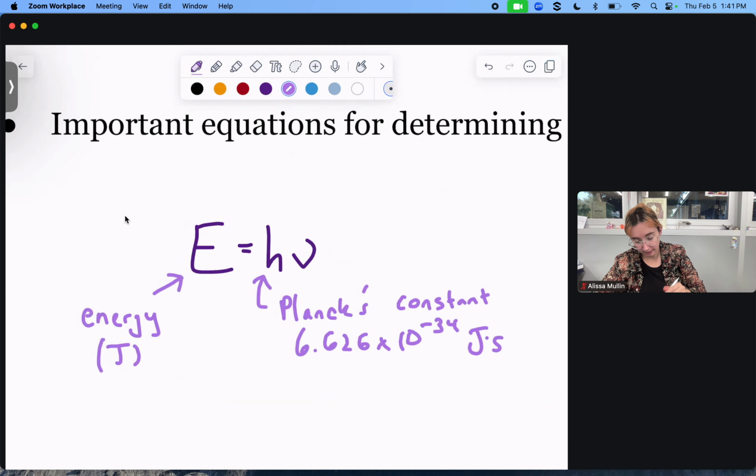If you see h, that's what it is. Notice J and J, it will not cancel correctly and you will get the wrong number if you use kilojoules or something like that. Make sure you're using joules. Nu is frequency.